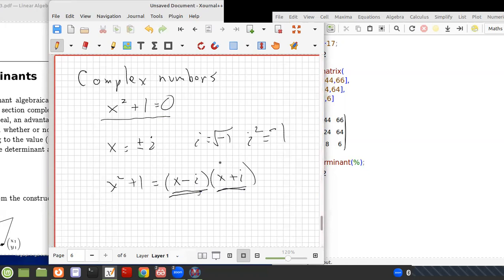So the only thing that real numbers can't do is the quadratic equation. It's not like there's some weird x to the fourth equation that's going to come up that you can't factor. It's always going to come down to linear factors with real numbers in the slots here, or pairs of complex numbers, numbers that have a square root of minus 1 in them.